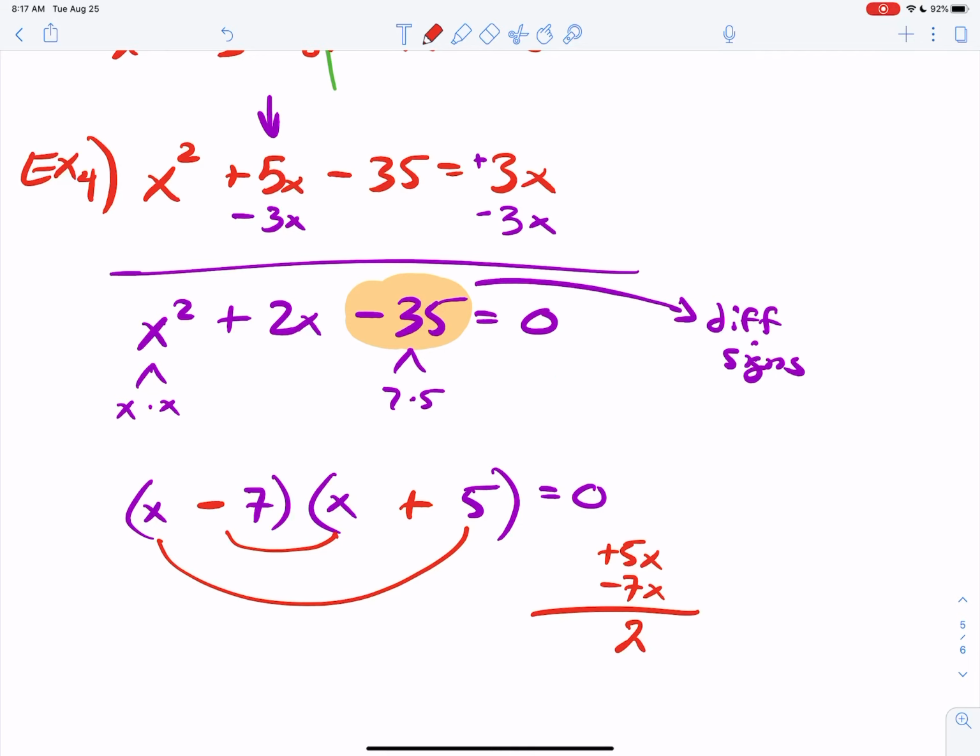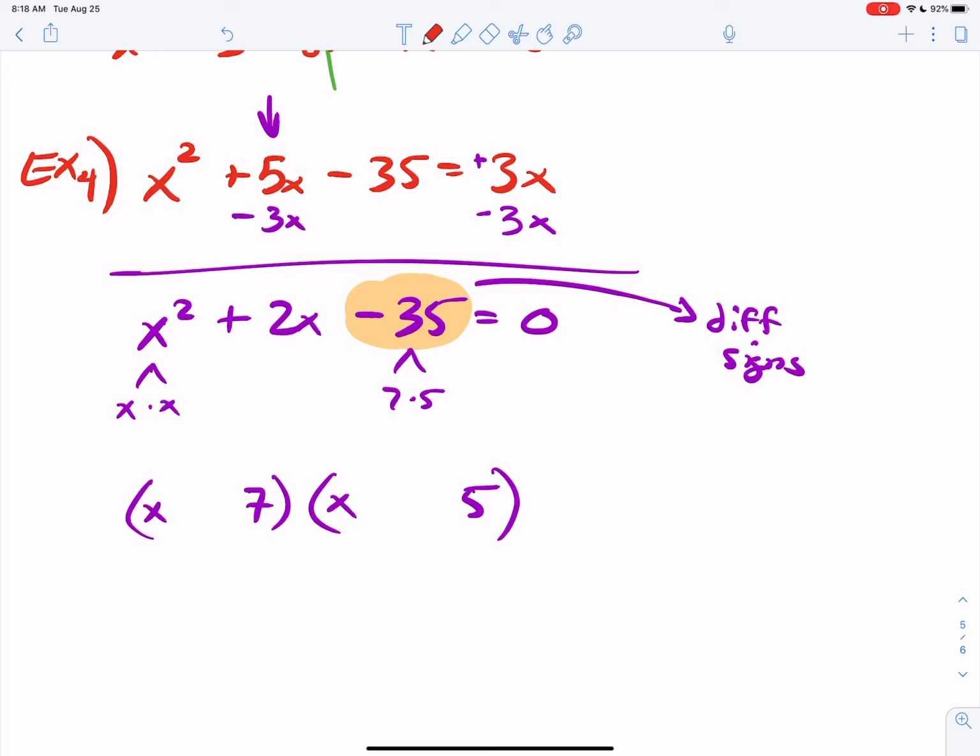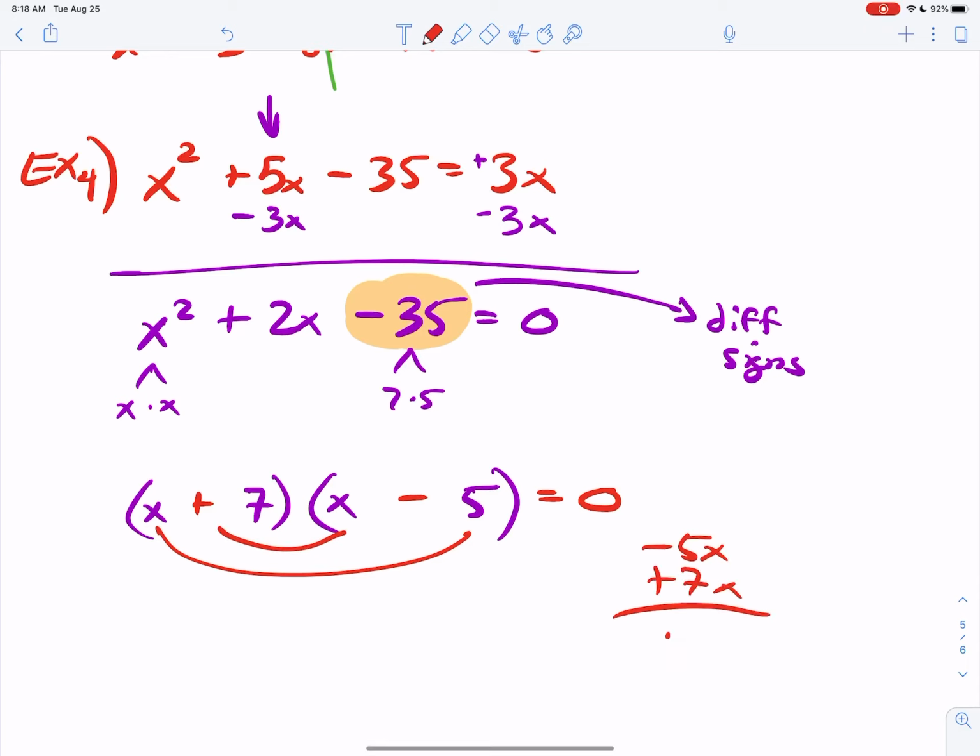So remember what I said, if the signs are off, but the value is the same, all you got to do is switch the signs. So here, maybe we should have positive 7 and then negative 5 here. All right. So let's check. Outer, negative 5x. Inner, positive 7x. That gives me a positive 2x. So we're good. It matches up here.